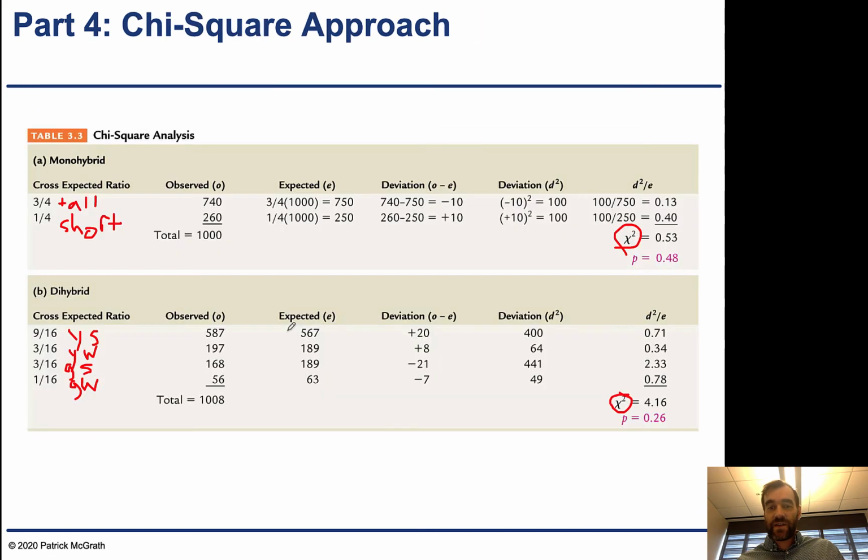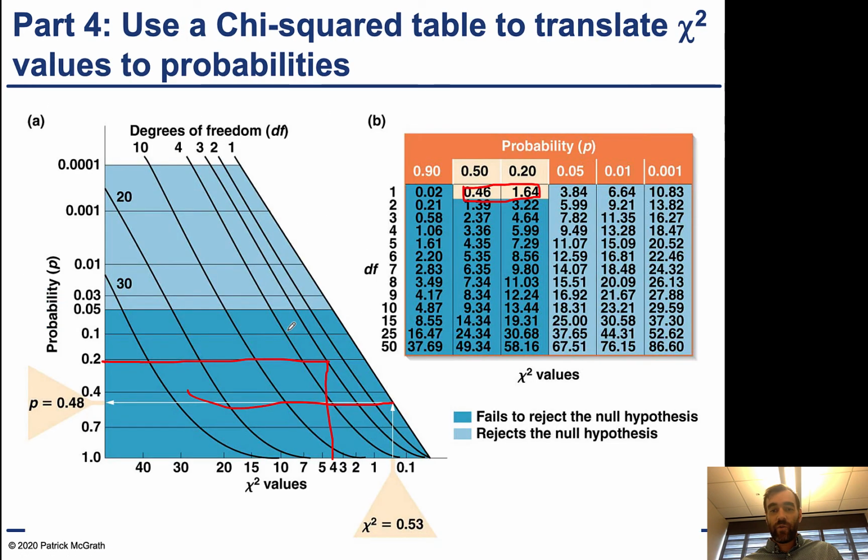For the second case, the chi-squared value is 4.16, but the degrees of freedom are 3, so we just look at this line right here. That again tells us the probability falls in between 0.2 and 0.5, which agrees with our result.